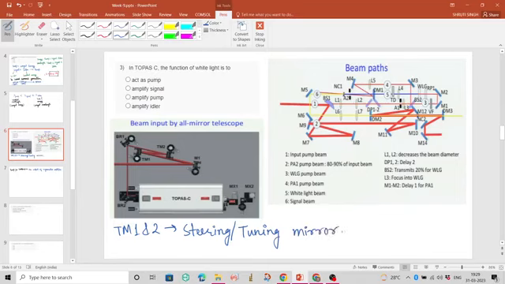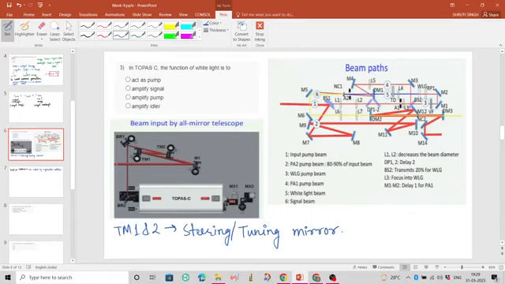So these mirrors are used to change the different path length, and also they can be used to align the beam in the horizontal and the vertical direction. So these two are there, these are movable.